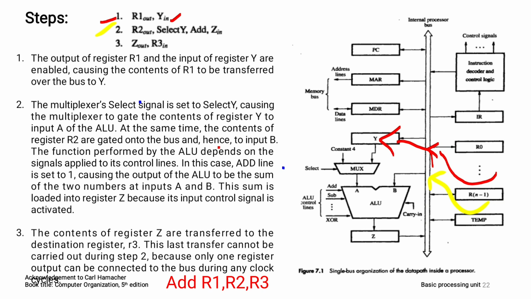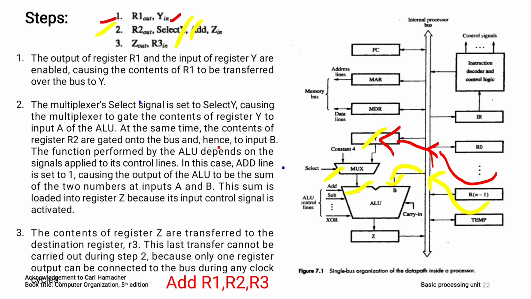When R2 comes on the processor internal bus, it will be available as the B input to the ALU. Next, select Y means what R1 was stored in the Y register will be sent as the A operand to the ALU. Now R1 is at A and R2 is at the B input of the ALU.